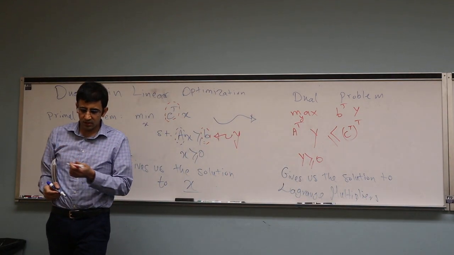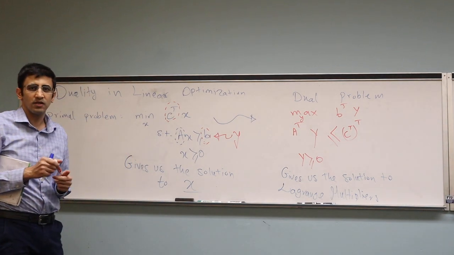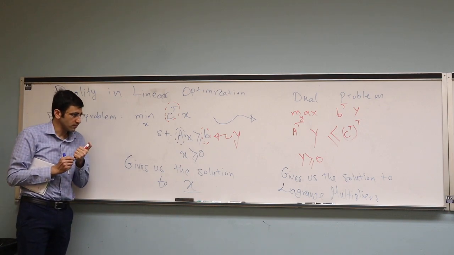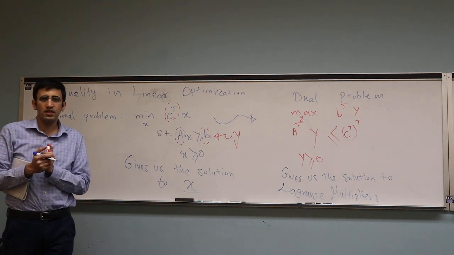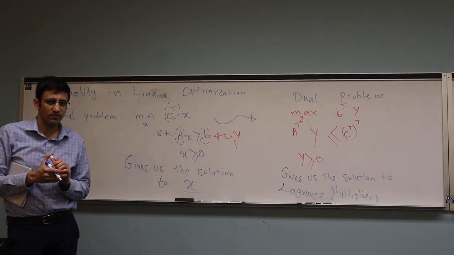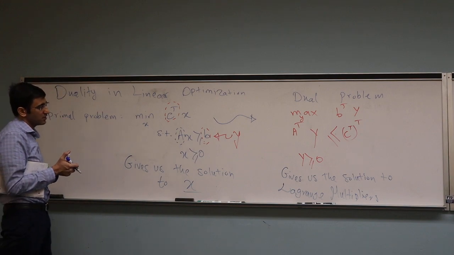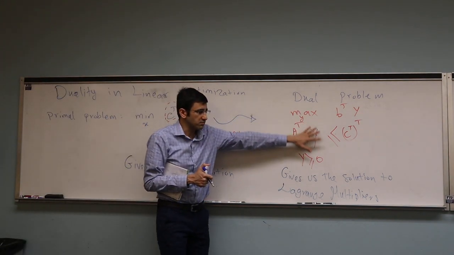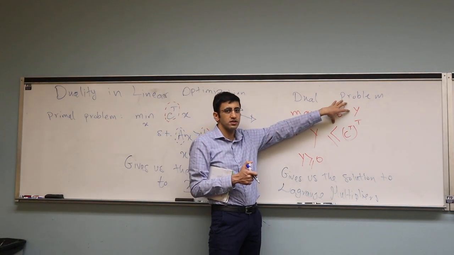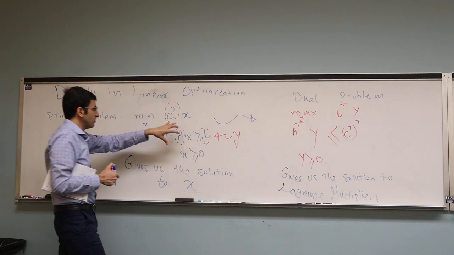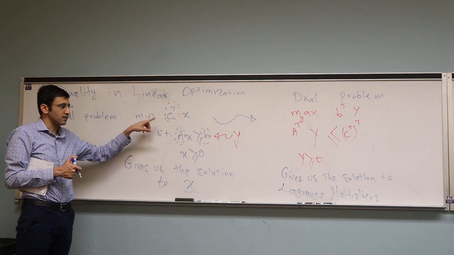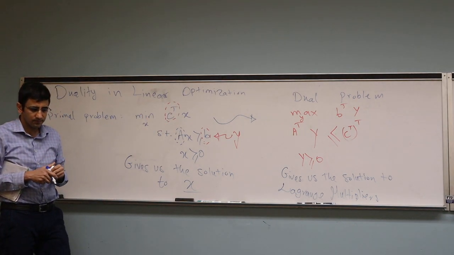Alright, now the question is, why do we need to find the dual problem in the first place? What's the main motivation? The answer for linear programming is that dual and primal will have the same objective function value. That's very interesting. It means that if you solve this problem and find the optimal values of y and insert them in the objective function, it will give you the same value as when you solve the primal problem, find the values of x and insert them in the objective function.